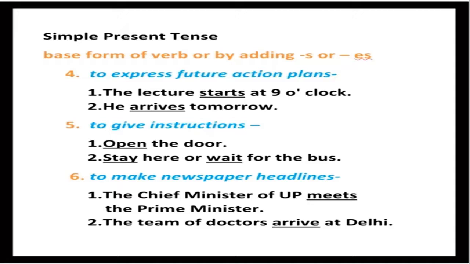Here we have used the word meets, and the word meets is simple present tense. The team of doctors arrives at Delhi. Doctors is plural, so we have used here the word arrive. And in the first sentence, the chief minister is singular, so we have used meets, not meet.